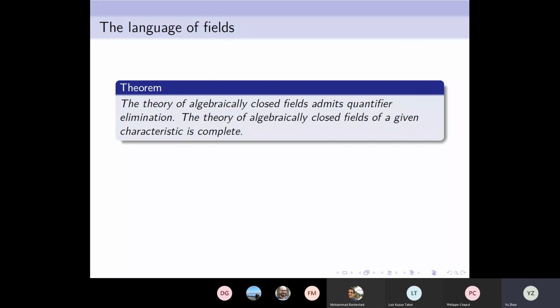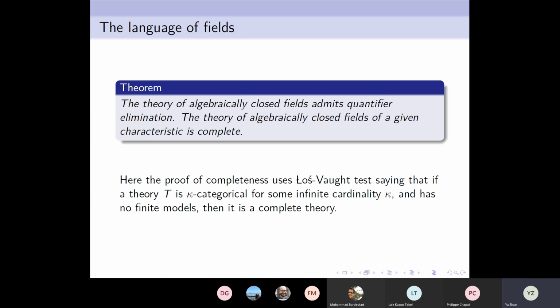If the characteristic is not given, it's not complete. But with a given characteristic, it is complete. Here, the proof of completeness, I don't have time. I prepared the proof as a mini talk, but I didn't give it because of the time.